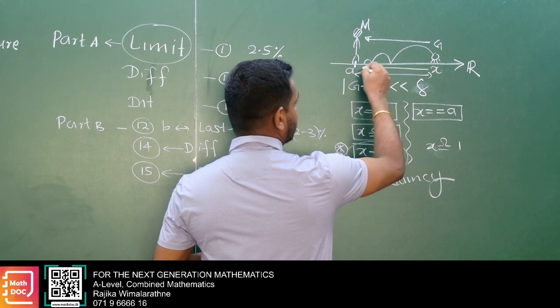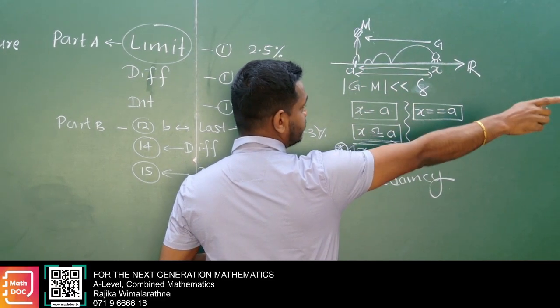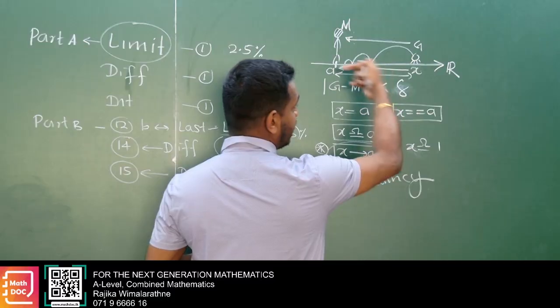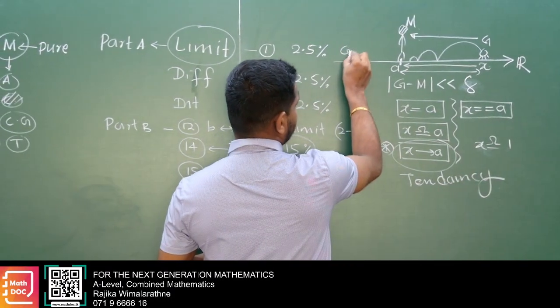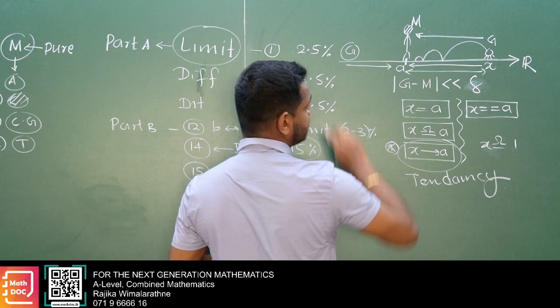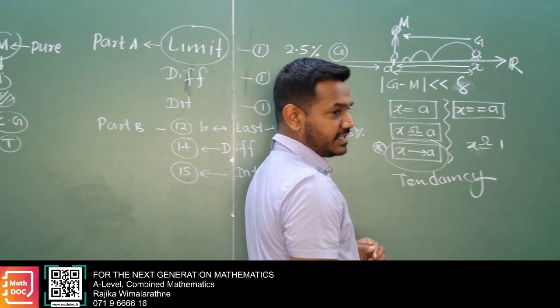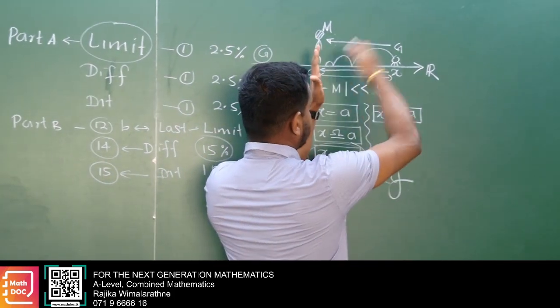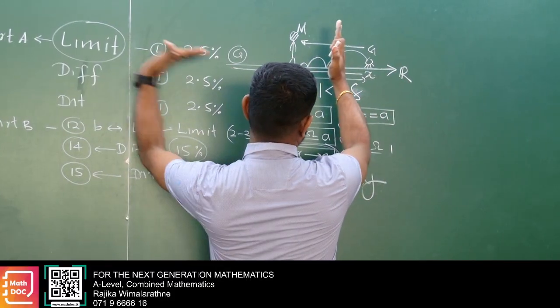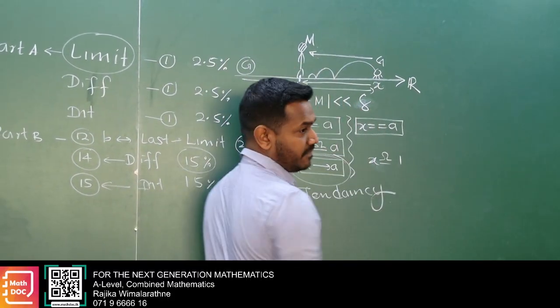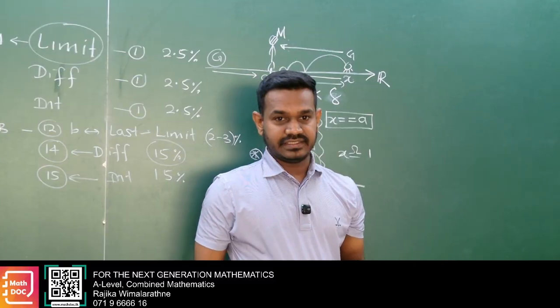If it moves from the right hand side, we say right hand side tendency. If it moves from this side, we call it left hand side tendency. We have two different tendencies.